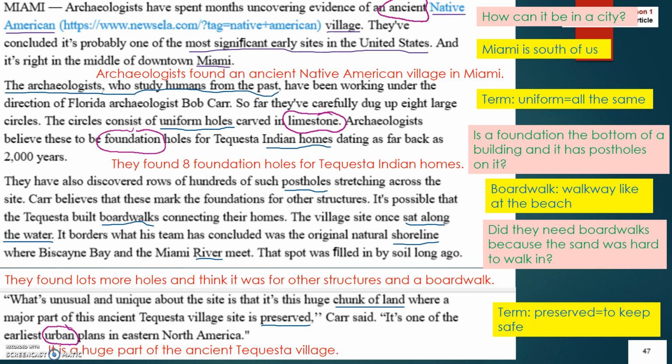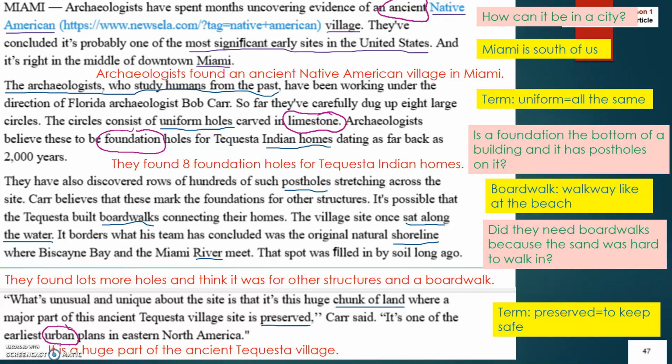I want to make sure that I understand what the word ancient means. And I wrote on my pink sticky note, how can it be in a city? I don't quite understand how there can be an archaeological dig in a city. Why would they build a city on top of it? That seems confusing to me.